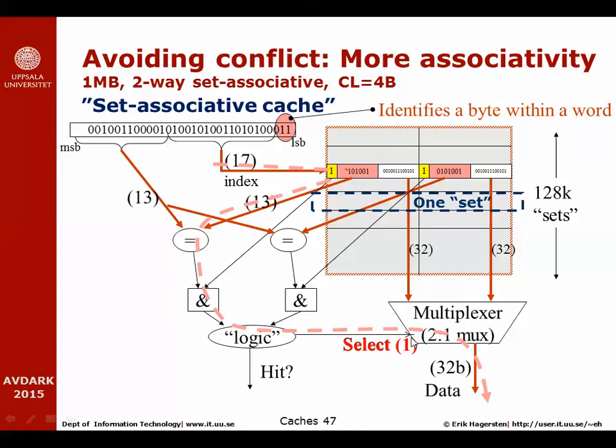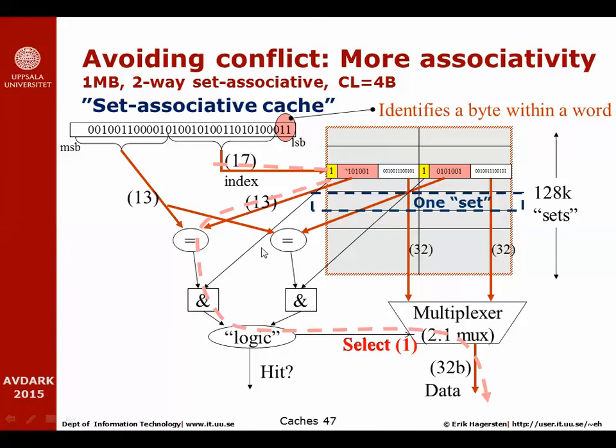When we only had large cache lines, then the select signal was taken from some of the address bits that are available to us right at the beginning of time. But now we have to wait until both comparisons are done and the logic has done its job before we know the select signal.